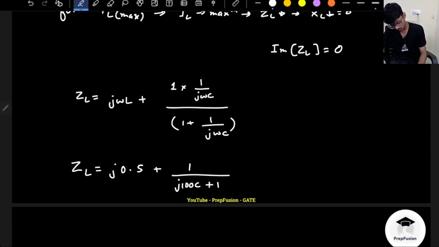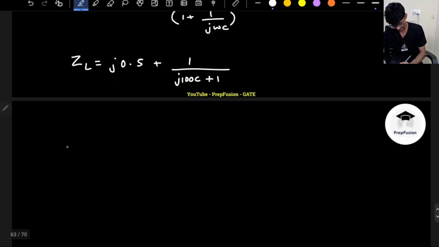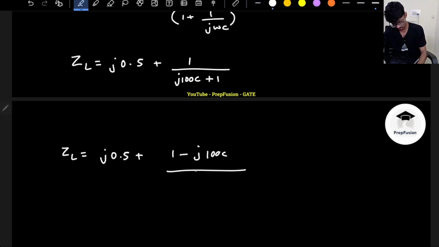Okay, so now if I rationalize this thing, ZL will be equal to J 0.5 plus J 100 C. Let's do one thing, let's not do it like this, let's do it like this, 1 minus J 100 C. I will tell you the reason. This will be 1 square plus 100 C square.